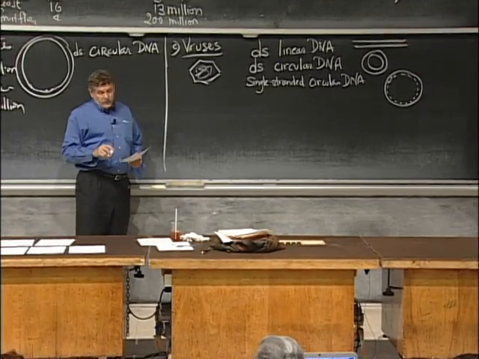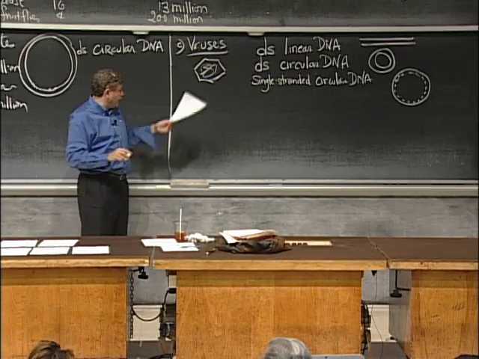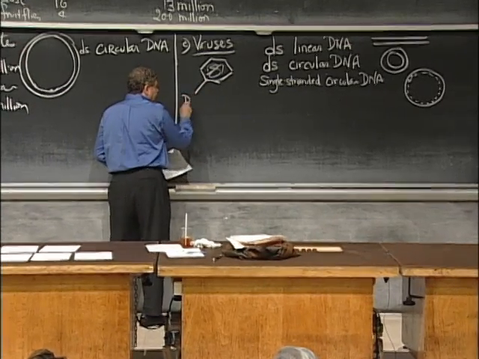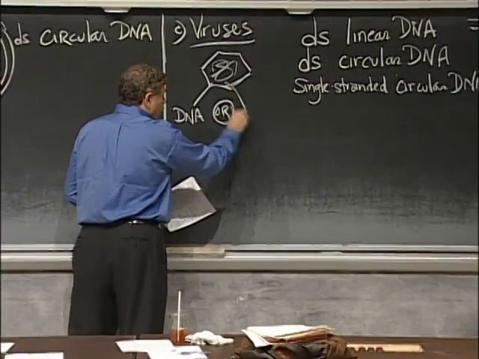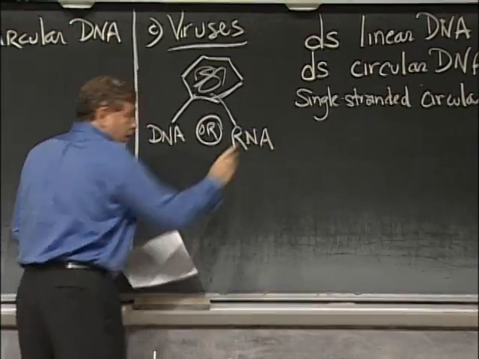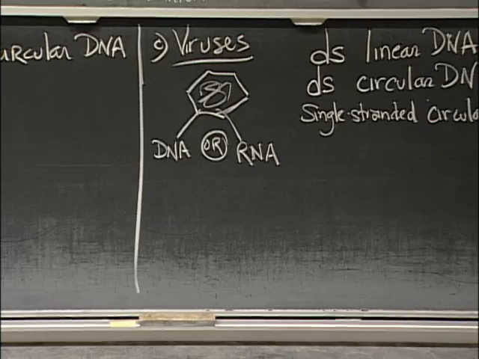But some viruses don't have any DNA at all when they travel around. Instead of having DNA, they alternatively could have RNA. Remember I said Crick already figured out DNA and RNA are essentially equivalent. They're both nucleic acid. You can go from one to the other.